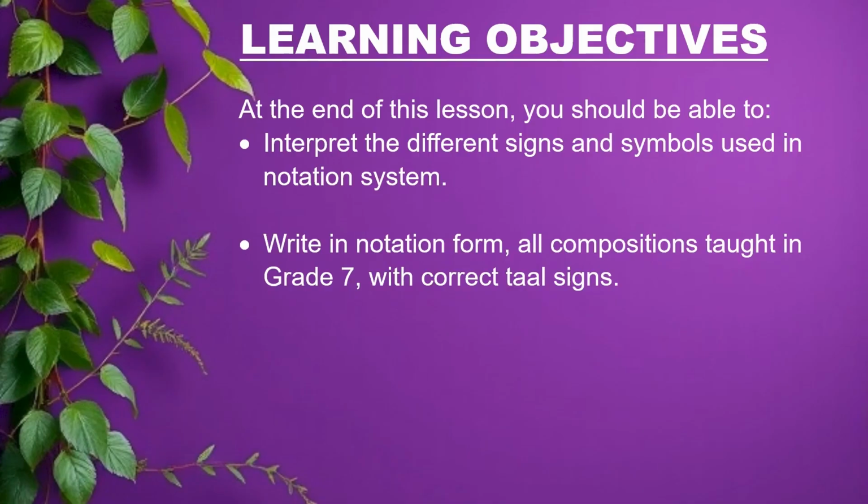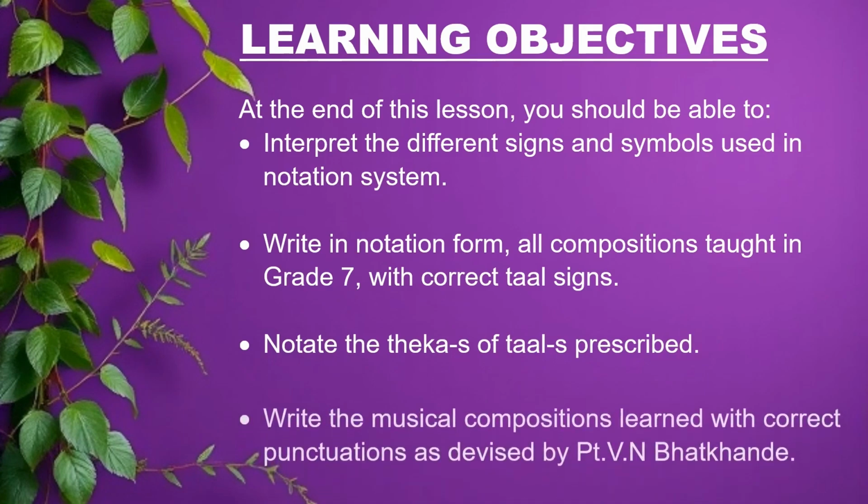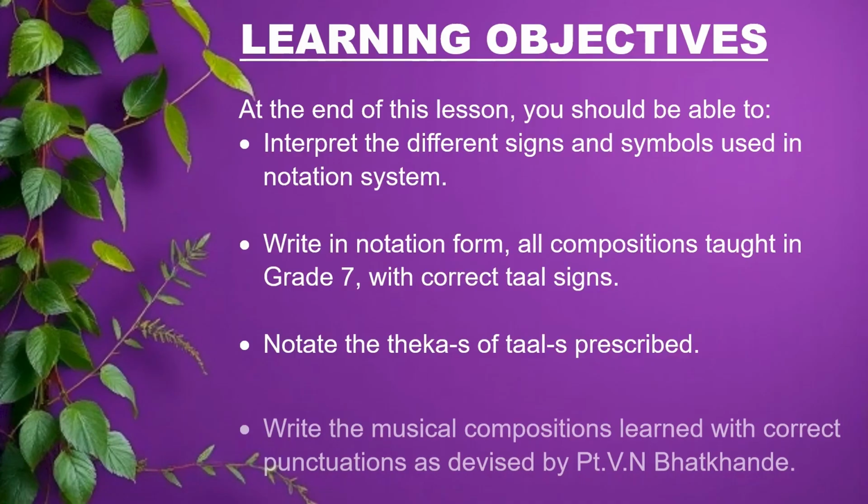Then you will be able to notate the tekas of tals prescribed. Then you will also write the musical compositions that you have learned with correct punctuations as devised by Pandit Vishnu Narayan Bhatkhande.